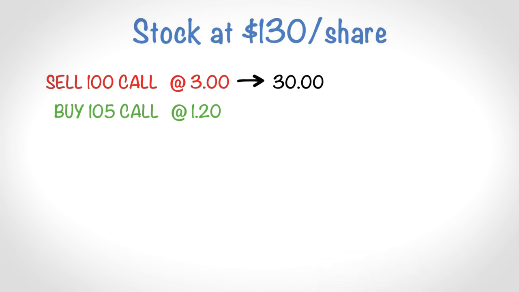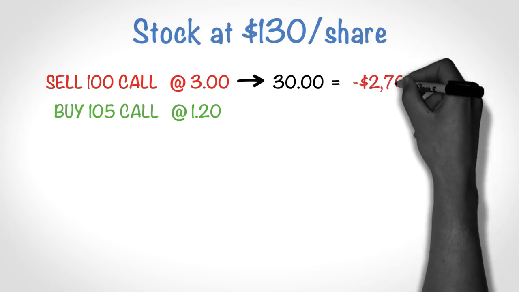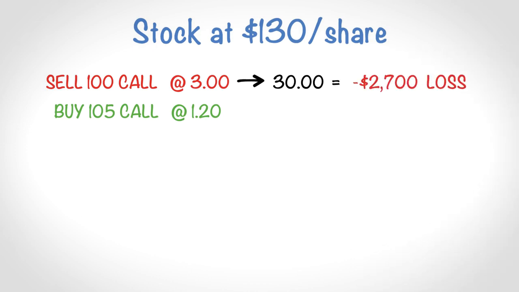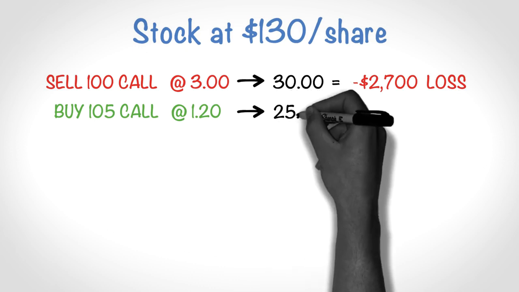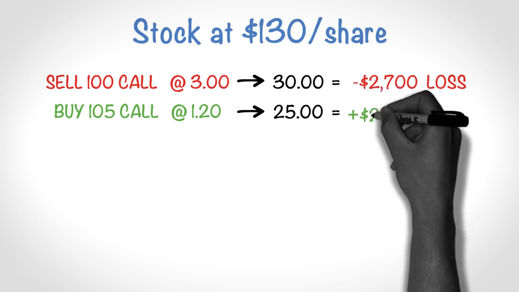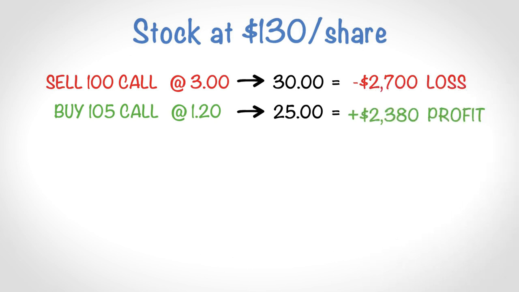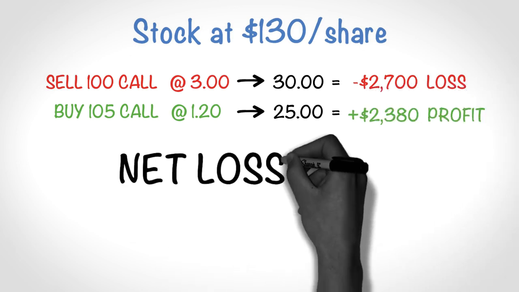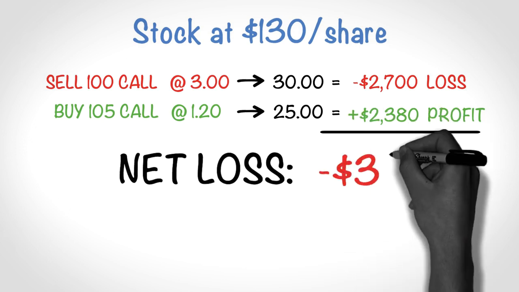If we sold this call naked, that sucks big time because that means we lost $2,700, but fortunately we traded a vertical spread instead of selling the naked call. Our 105 strike call that we bought for $1.20 is now 25 points in the money. So even though we lost $2,700 on the short call, we made $2,380 on the long call. So our net loss is just $320.